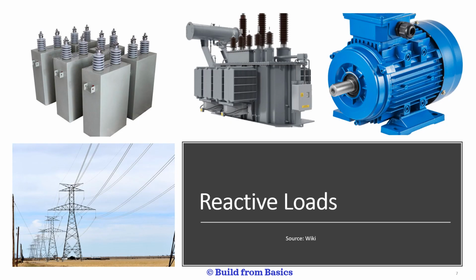The second type of load is reactive loads. The reactive loads store electrical energy temporarily and they feed it back to the source, so they don't consume any electrical energy. Reactive loads are of two types: inductive type and capacitive type.